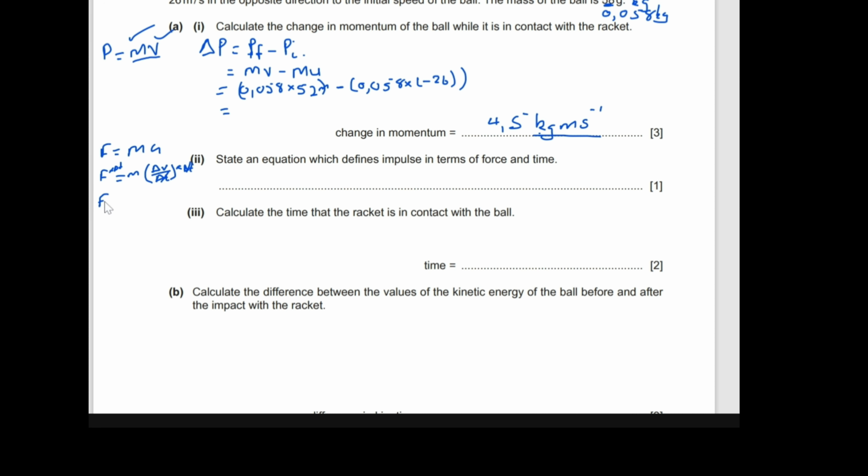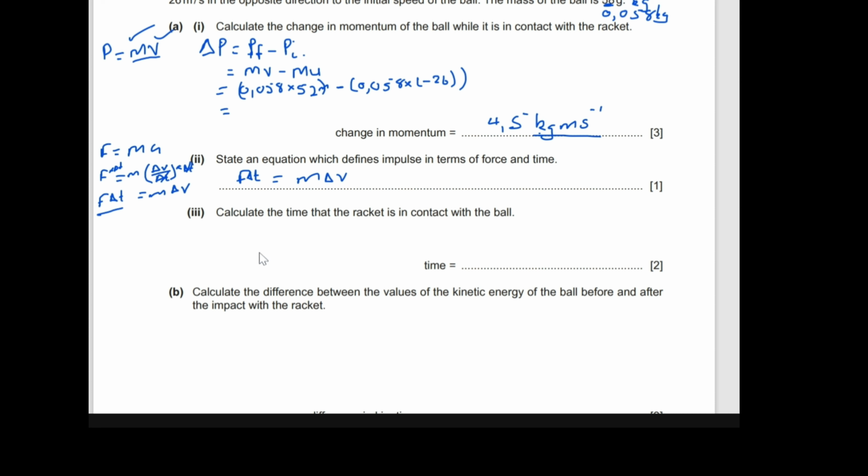So I'm going to have F multiplied by change in t is equal to m multiplied by change in v. So this Ft is the impulse, which is the force times time, right? So impulse, rather Ft, is equal to m change in v. This equation basically represents the impulse. It is the force times time as the impulse.